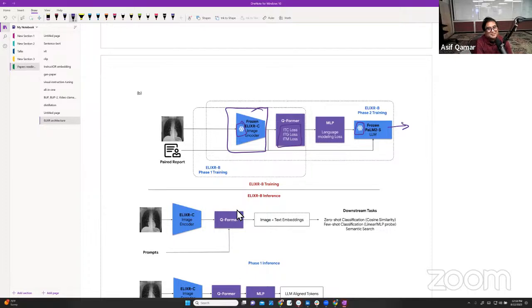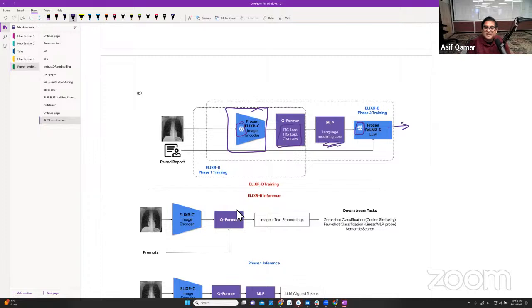You can't touch the image encoder now in the second phase. It is frozen. So all the adjustment or adaptation that has to be done is by the QFormer, isn't it? So all the backpropagation will readjust the weights of the QFormer in between, right? And those three losses will be there: image text contrastive loss, image text matching loss, and of course the language modeling loss. The ITG is basically the language modeling loss. What is ITG? Actually, no, sorry, I take that back.